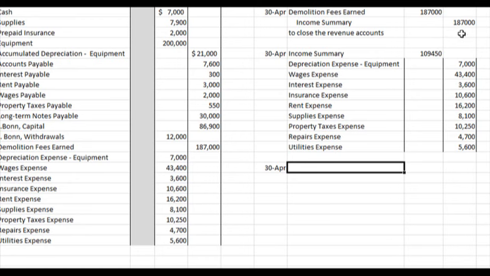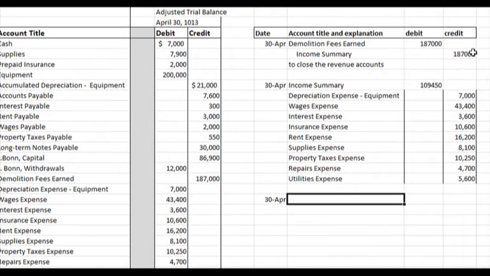Net income, which is what this is, your revenues minus your expenses, is going to go to your capital account. So you're going to look here, you've got a credit balance that's greater than your debit balance, so you have a credit balance, and in order to make that go away, you want to debit that account for the difference between the two.